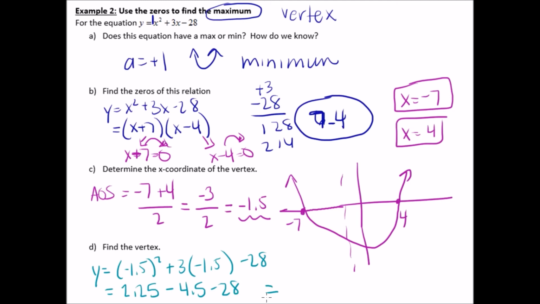And when we solve for this, we get minus 28 plus 2.25 minus 4.5, negative 30.25. So our vertex is going to be negative 1.5, comma, negative 30.25.